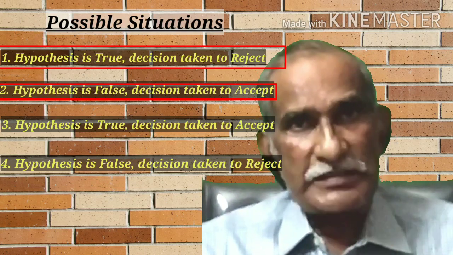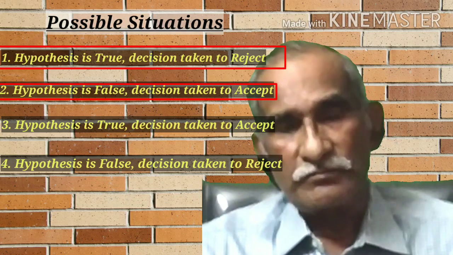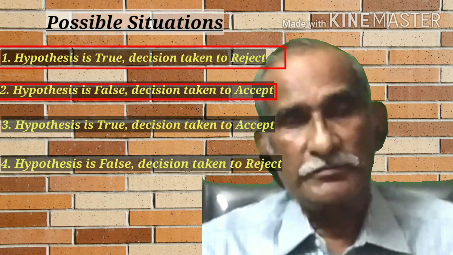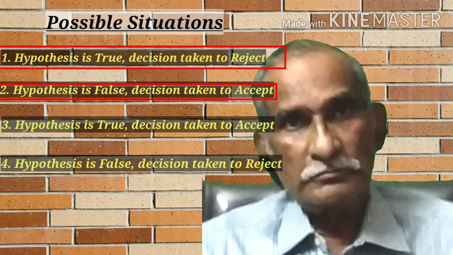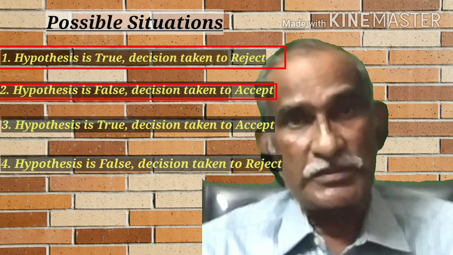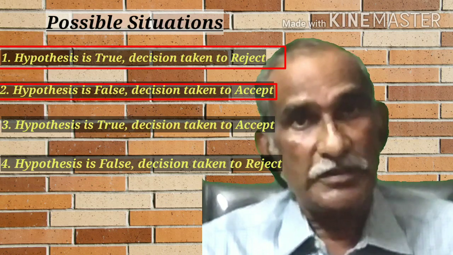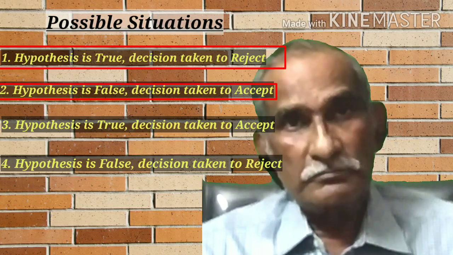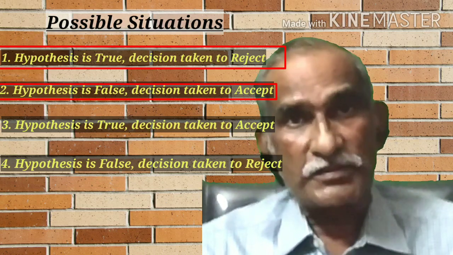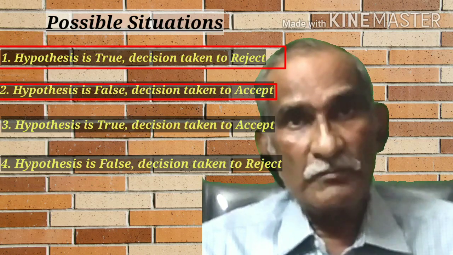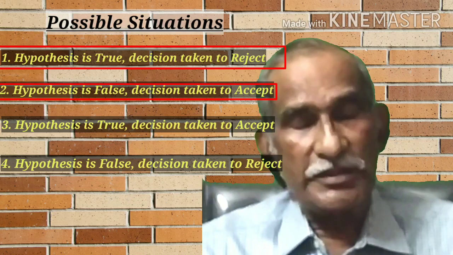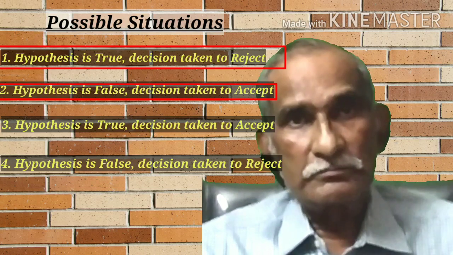So at these 2 situations, we are committing error. And in the rest 2 situations, we are not committing errors. Our decision would be correct. If the hypothesis is false and we are rejecting it, it is a correct decision.